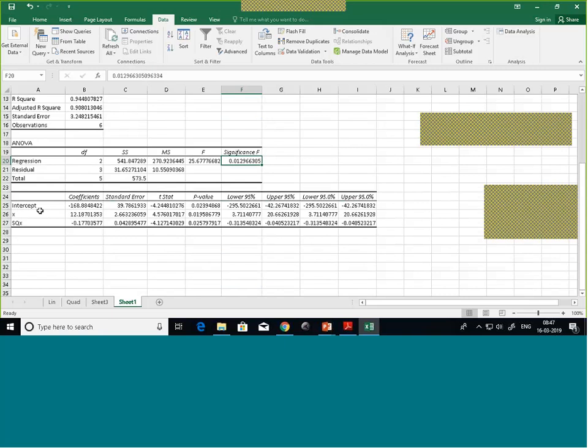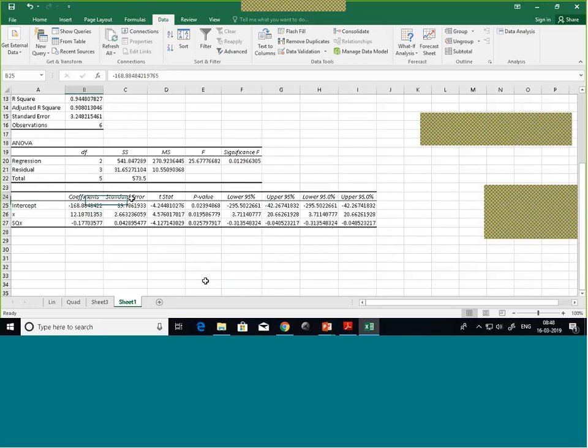So now you see the last table, intercept, the coefficient is B0. How much is it? B0 is around minus 168.88 and B1 is 12.19 and B2 is minus 0.18. So these are the three coefficients of the model.